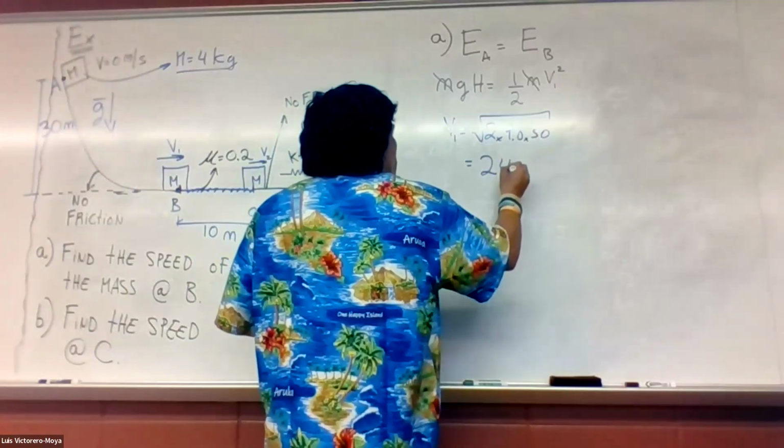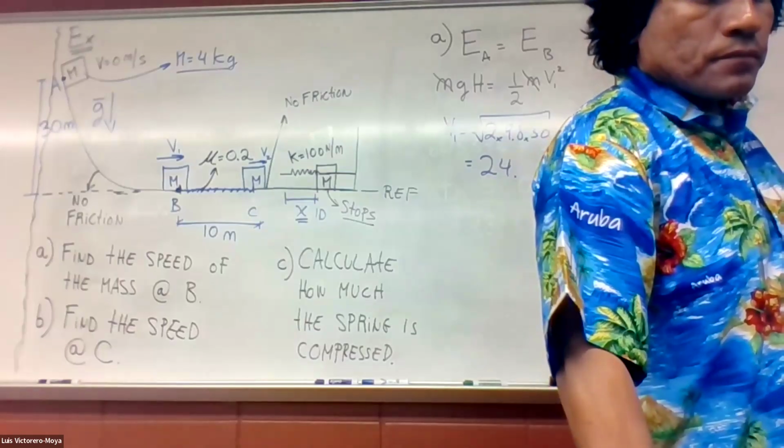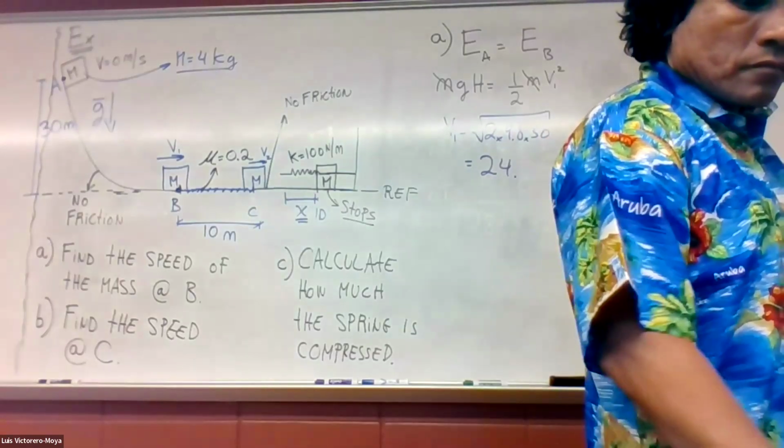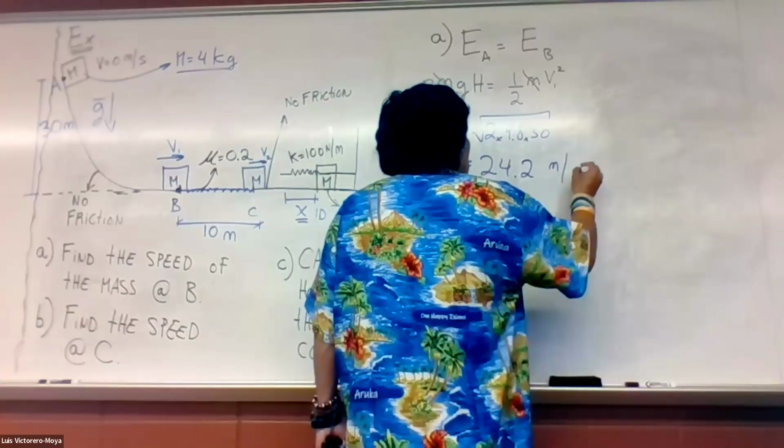That's 24 point what? 0.2. Let me double check that. Wait, it is 24.2, yeah, meters per second. All right.